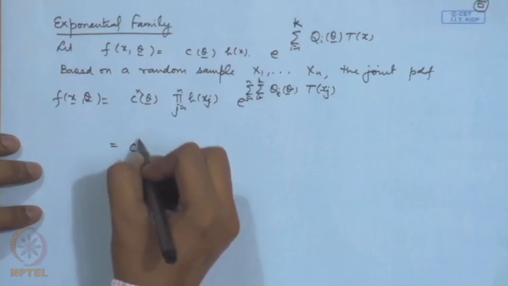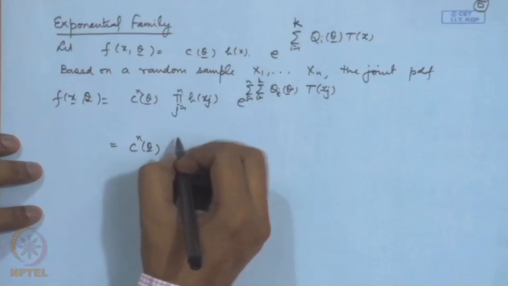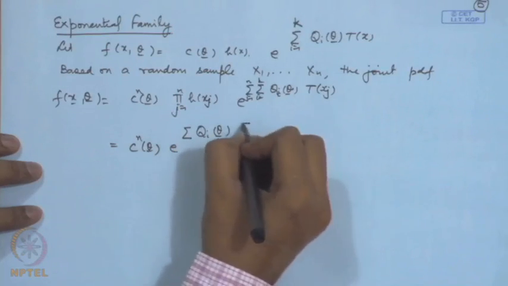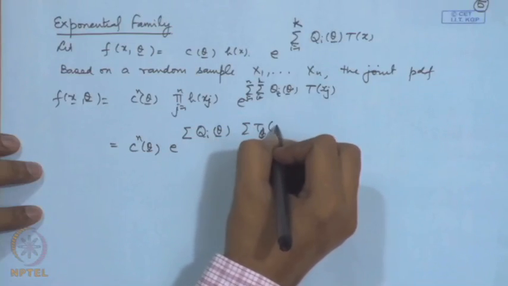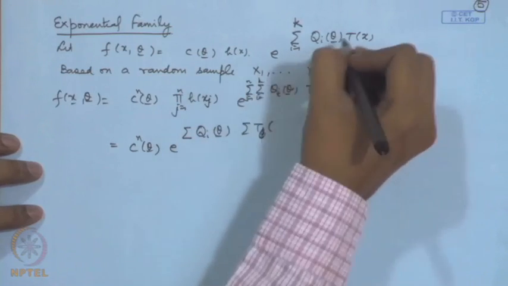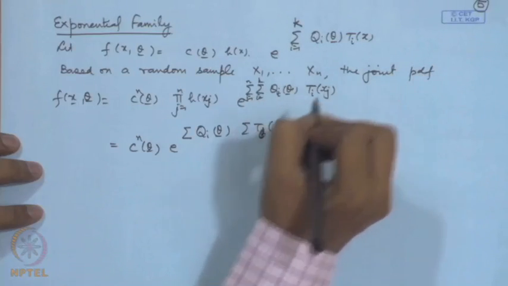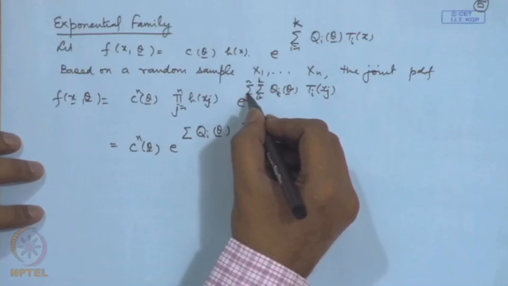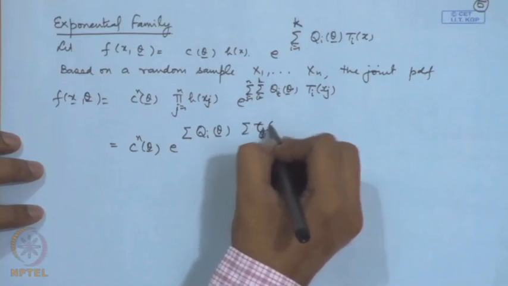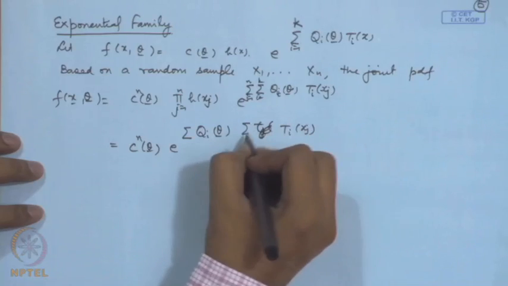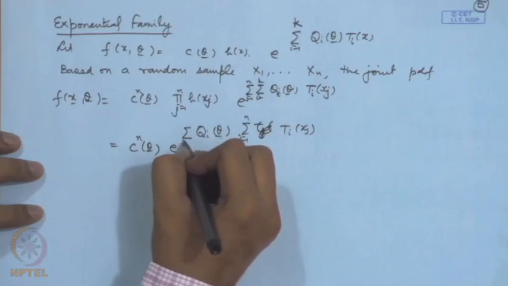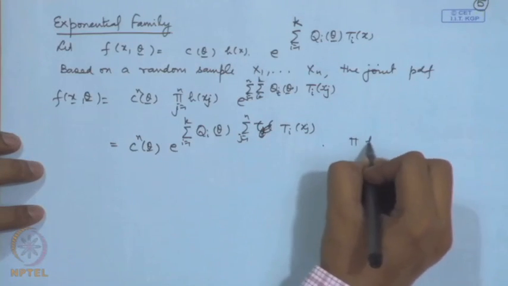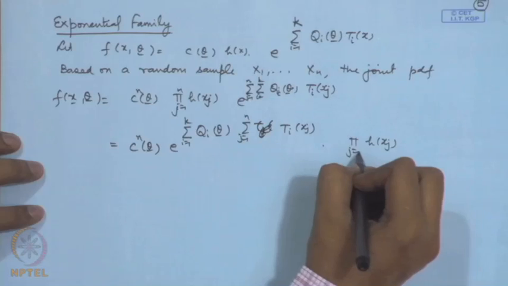Now, this I can write as c to the power n theta e to the power sigma q i theta sigma t i x j. There is a mistake here, this is t i. What I am doing is taking this summation inside. So, this becomes sigma of t i x j, j is equal to 1 to n, i is equal to 1 to k, into product of h x j, j is equal to 1 to n.